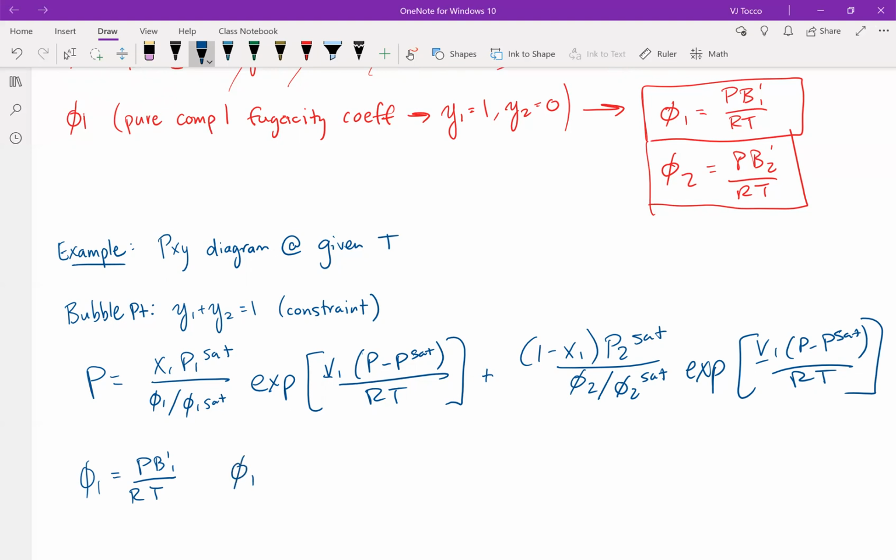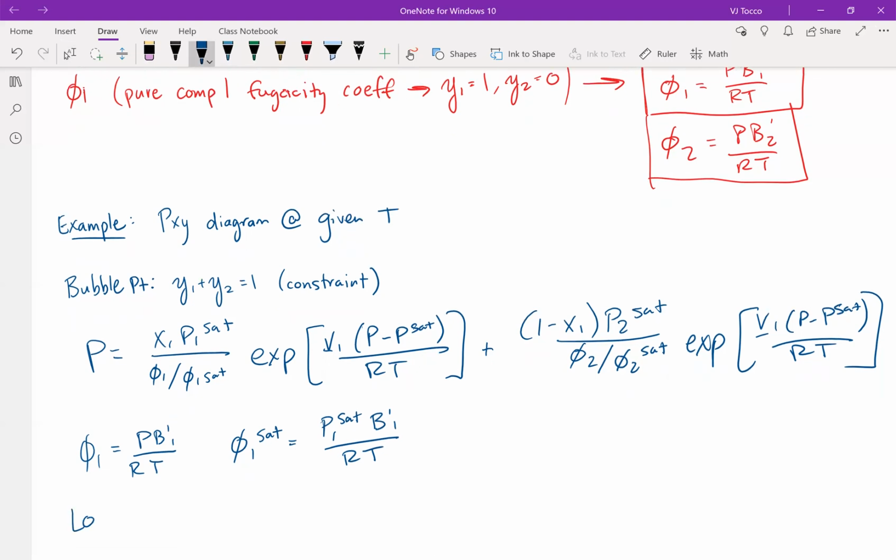Well, let me continue writing these things out. Phi1 set is P set 1, so that's what I mean by evaluated at the vapor pressure. P1 set B prime 1 over RT. T, remember, is set.